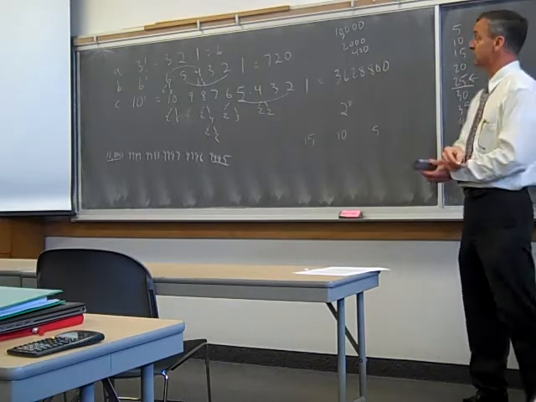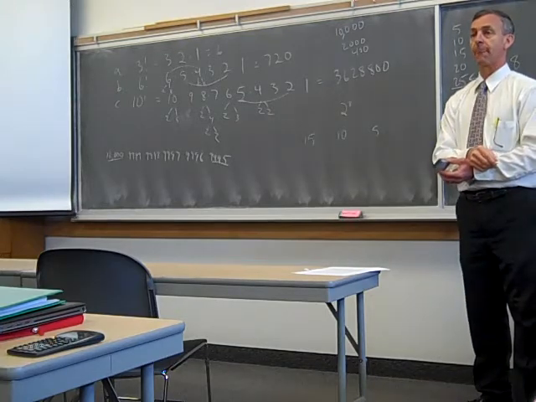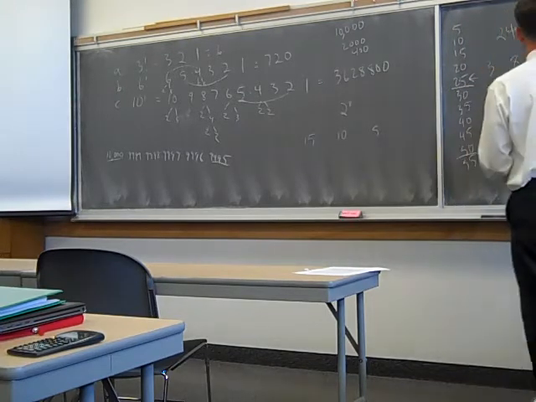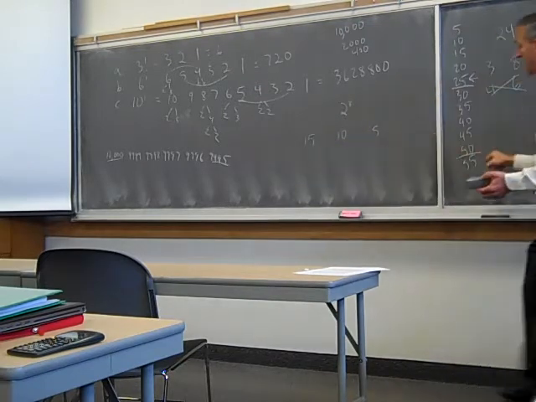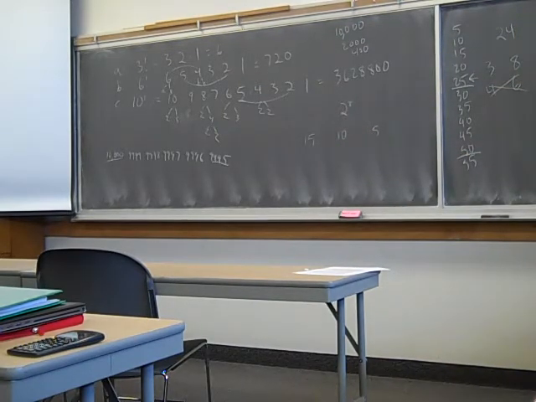Is that everything? 2,400? What about 5 cubed? What is 5 cubed? 125. So how many factors of 5 will I pull out of that? 3. Well, I've already got 1 when I did the multiples of 5, and isn't 125 also a multiple of 25? So I've pulled a second one out of there, but I haven't pulled the third one.